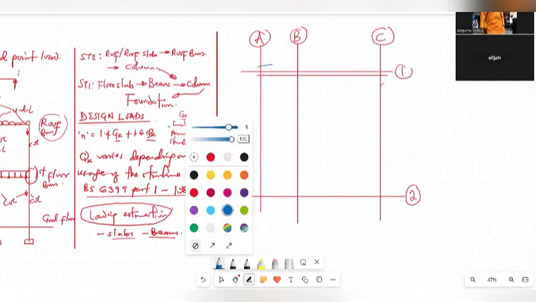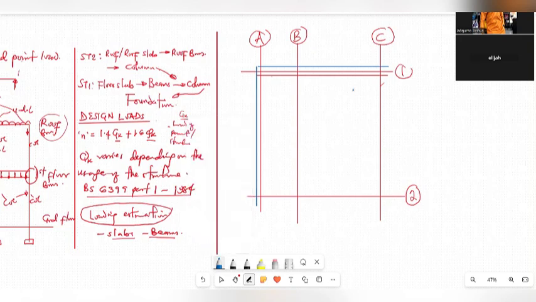What I'm trying to draw now is a beam. And this is a beam. This is also a beam.